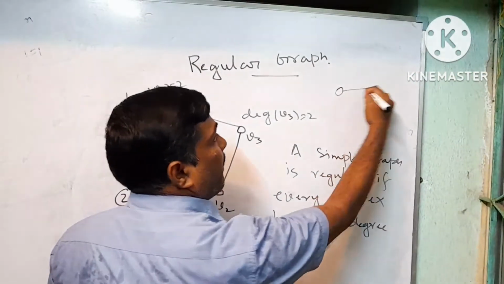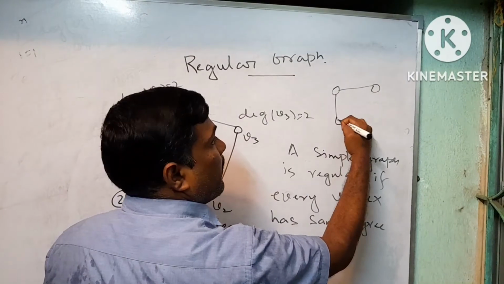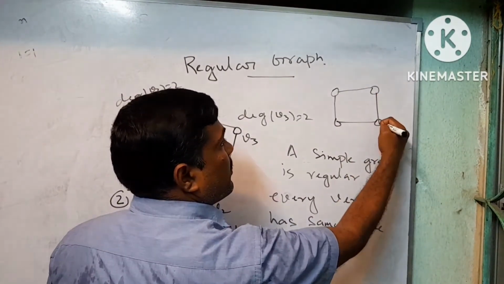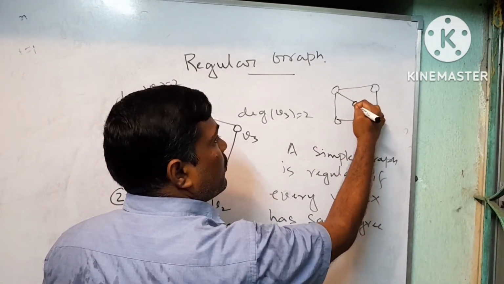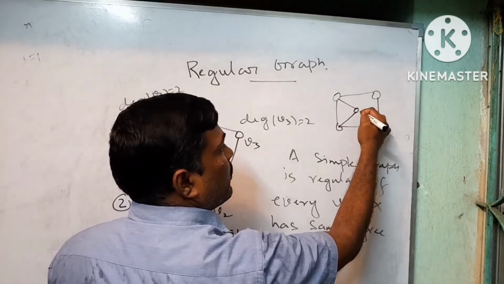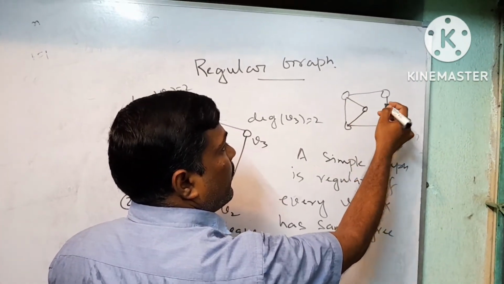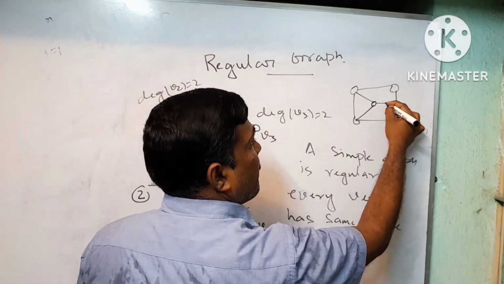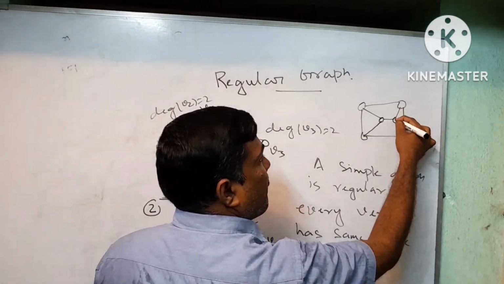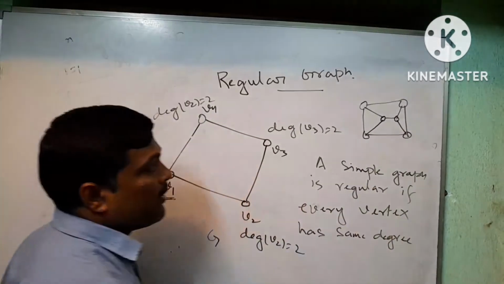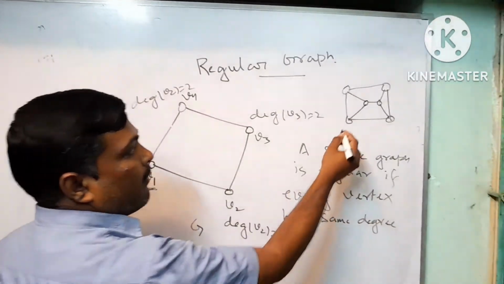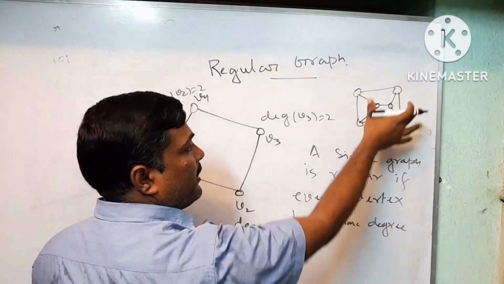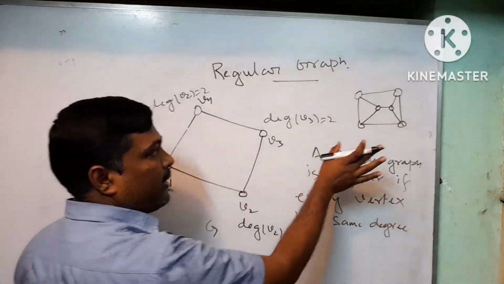See, this is another regular graph. No parallels, no self loop. This graph is a simple graph.